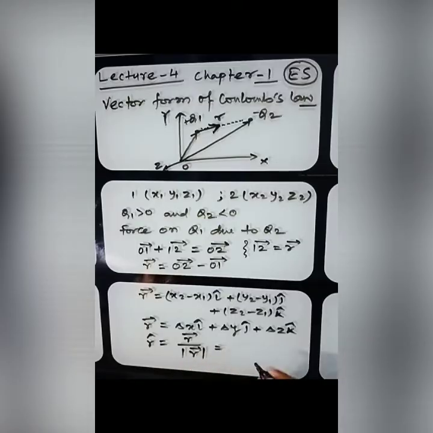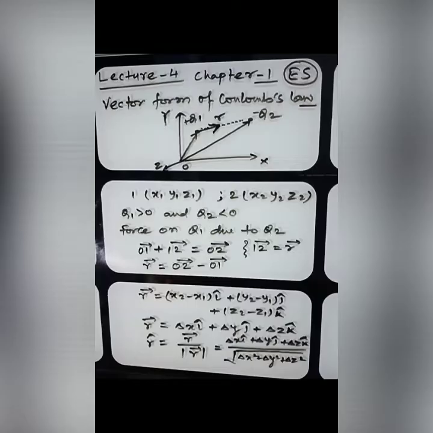Here r is delta x i plus delta y j plus delta z k over mod of r, that is the magnitude of this vector, the square root of delta x square plus delta y square plus delta z square. Simply you have to solve in this way.